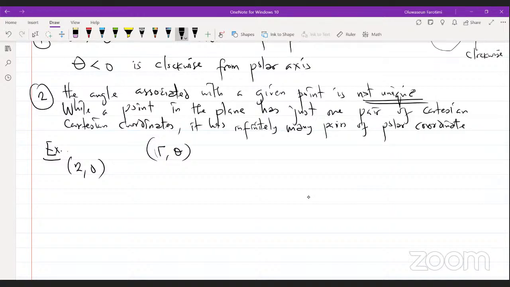Suppose this is the origin O. What is theta? It's just this axis itself. So at this point, let's call it P, this is the origin, and this guy is going to be 2.